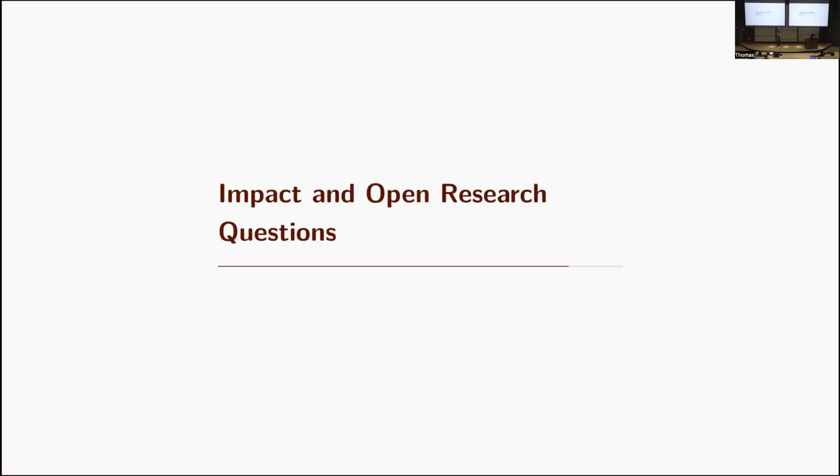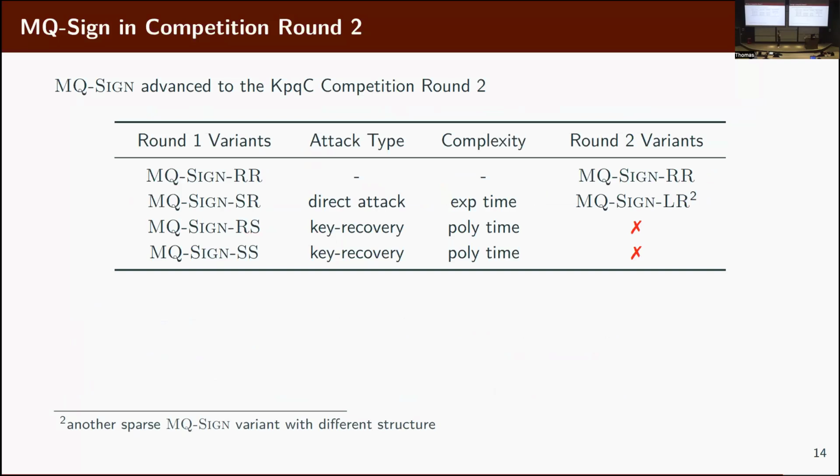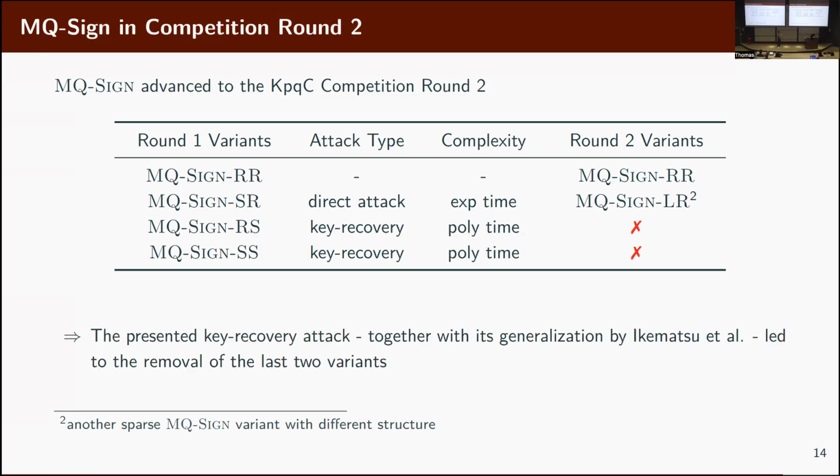Now to the impact and maybe some open research questions. As I announced, the two variants here can be considered broken due to our attack and also the generalization by Yukimatsu et al.